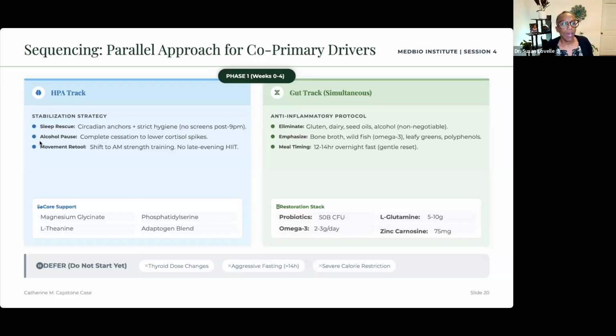All right. Alcohol pause. Oof, this is a hard one, and maybe not from 3 to 0, but maybe 3 to 2 to 1, and really start decreasing the amount of alcohol that she's putting in her body on a daily basis. And then move as much as possible all of that training to the morning.